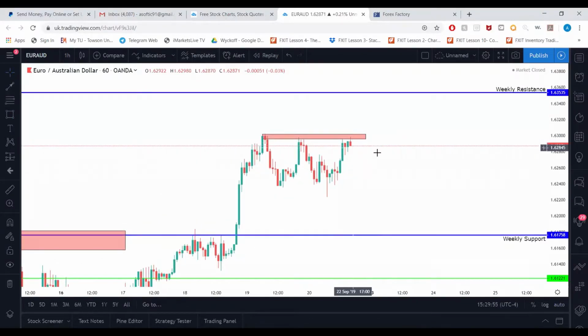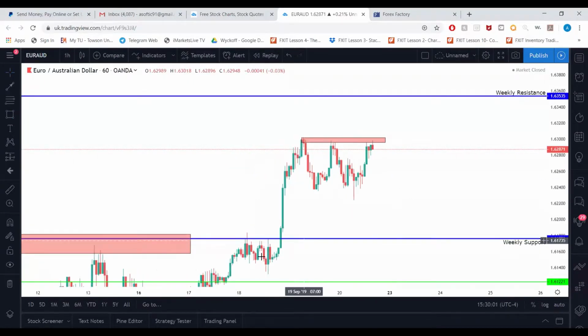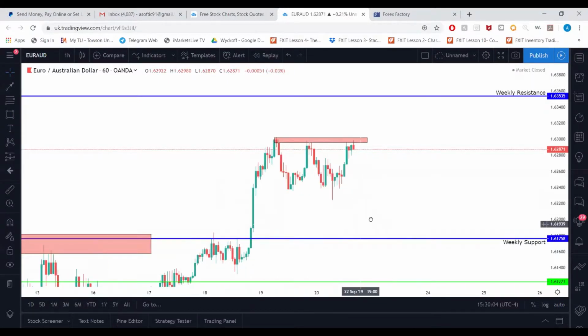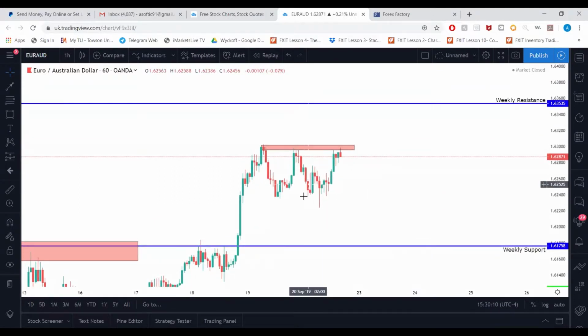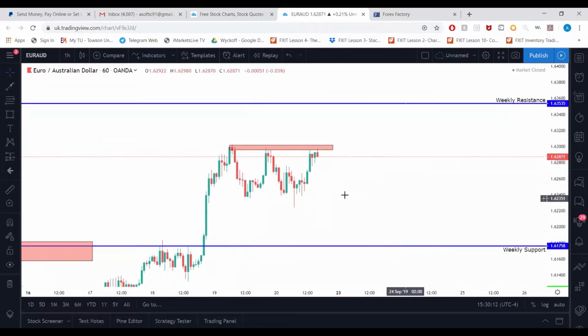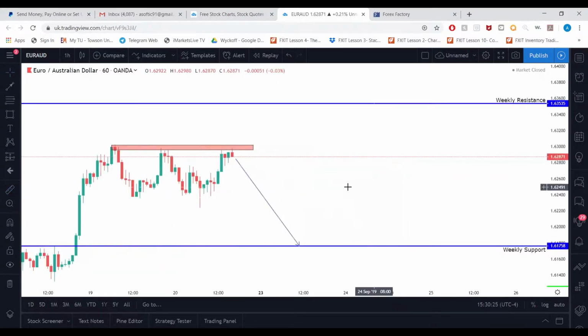Right now, it's in the middle of the zone between weekly support and resistance, but it never really gave the retest ever since this previous weekly resistance was broken, which now serves as a weekly support. So triple top could be a nice fall here to the weekly support. Also gives us that retest that we want to see. 110 pips.